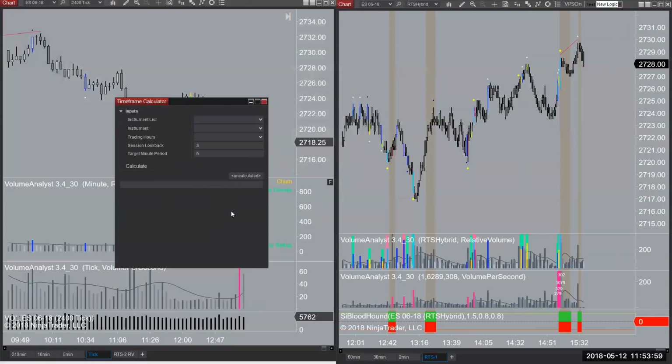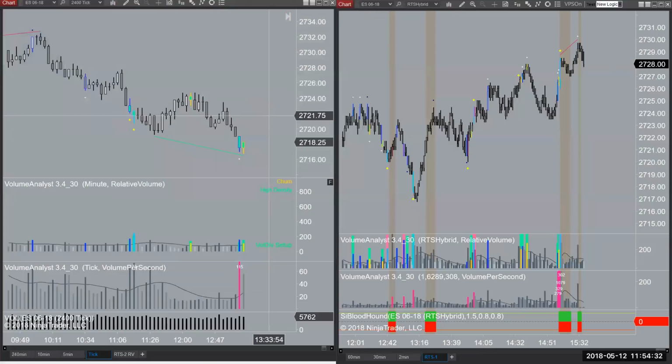It'll display total transactions for the look-back period, average transactions per session, and the average amount of transactions per your target time period, as well as volume per tick. I think we'll probably have total range and average range per session, and that's probably about it, maybe one or two other options.